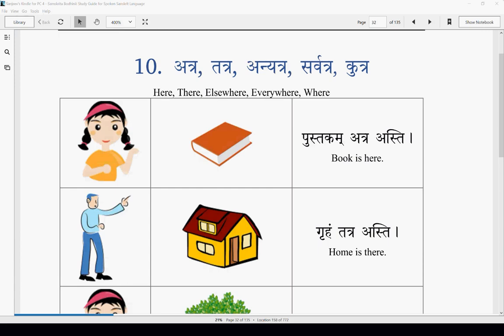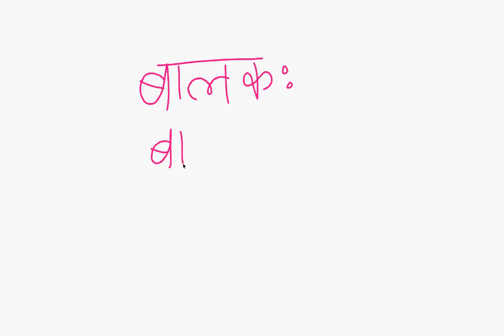Generally, the words which directly refer to some object, they have some gender. Oh. So it doesn't actually depend on how it ends. Like for example, if you say balakaha, so we have seen balakaha, balika.